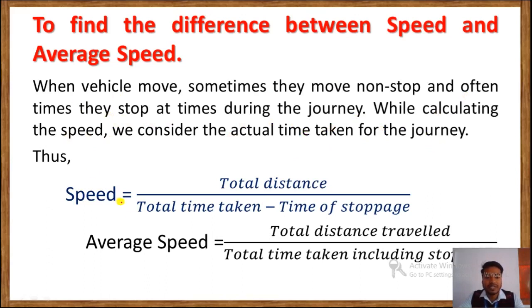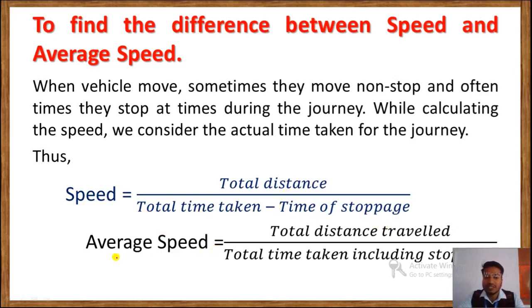Thus, actual speed equals total distance divided by total time taken minus time of stoppage. This is actual speed.